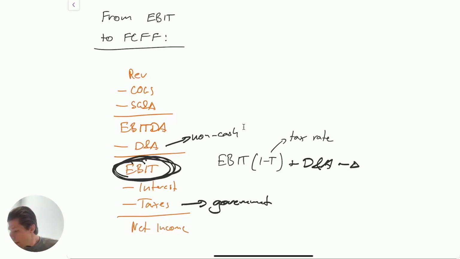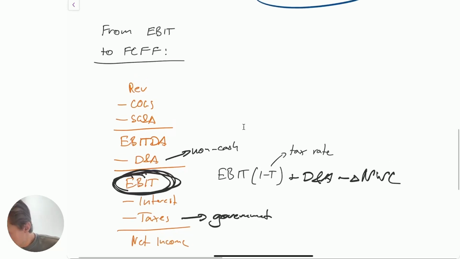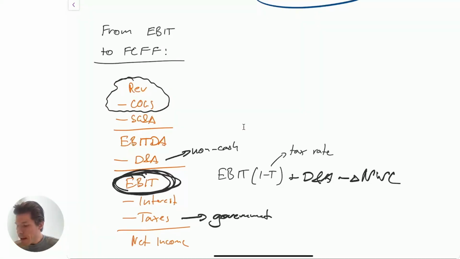Then we need to do a net working capital adjustment. The net working capital adjustment is nothing else than looking at those items here in particular, looking at revenue and COGS, and seeing, okay, not everything has been paid in cash. There are some credit payments. So especially here accounts receivables, and here inventory and accounts payables. Those items are not clean. They are under accrual accounting.